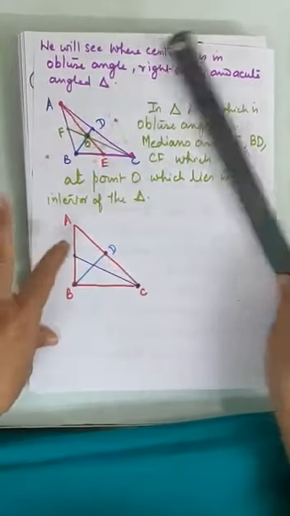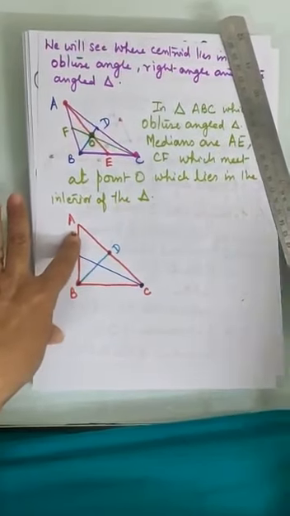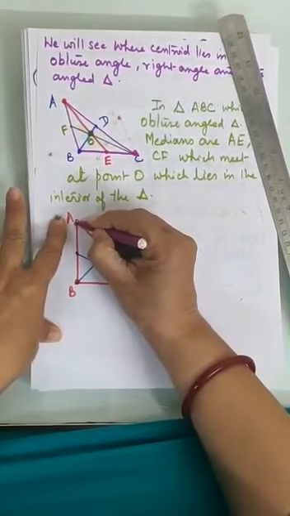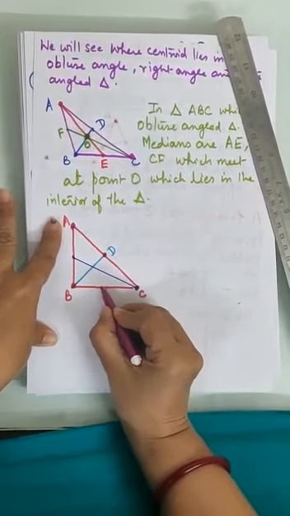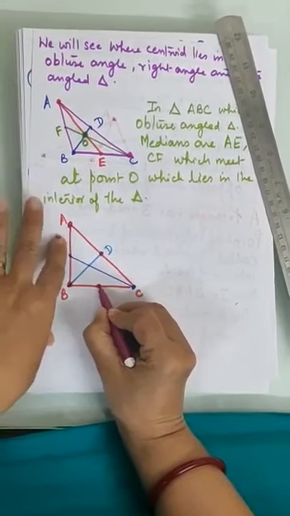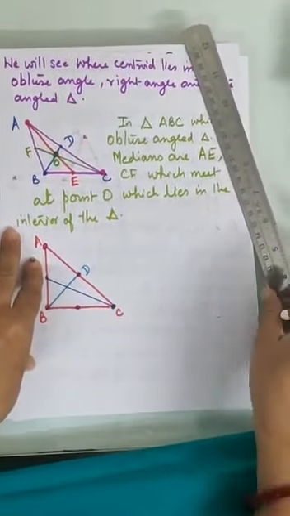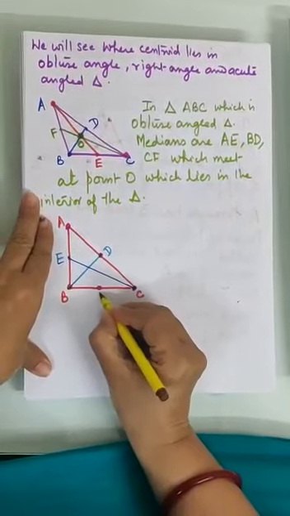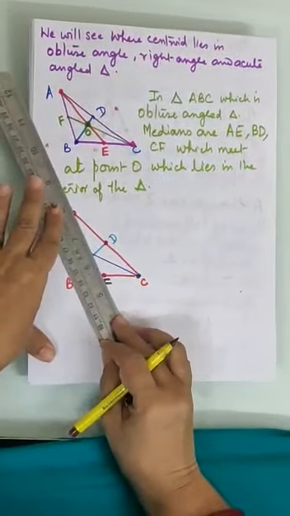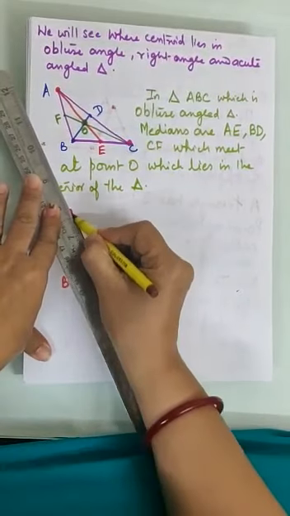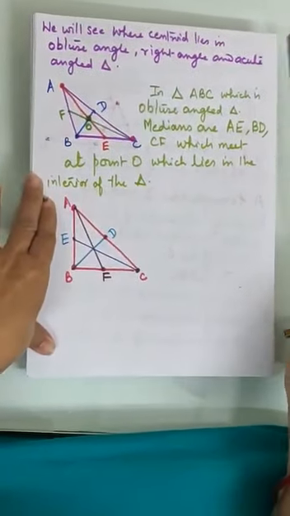Now the third vertex is A. Opposite side is BC. Find the midpoint. Midpoint is somewhere here. Mark this point as F. Join AF. So this is the third median.